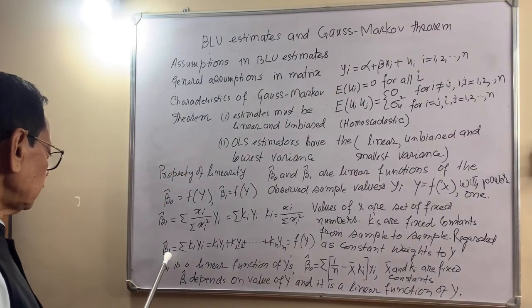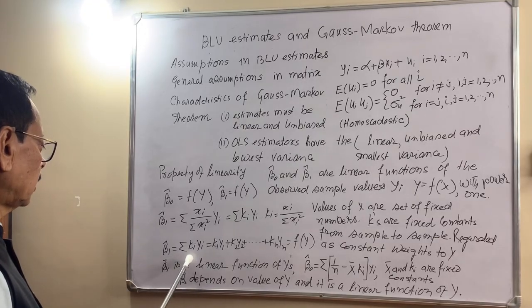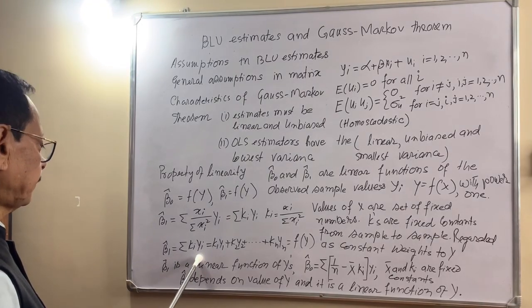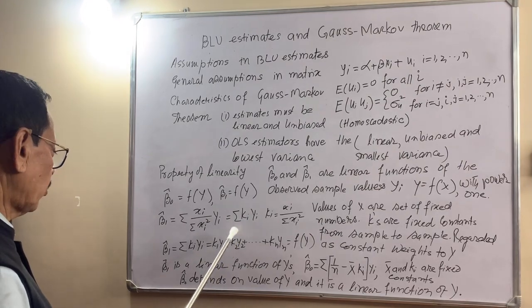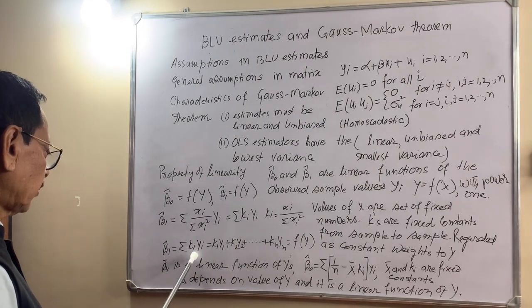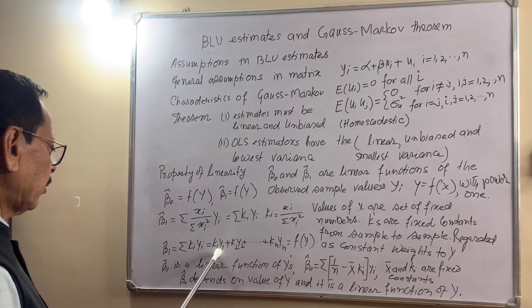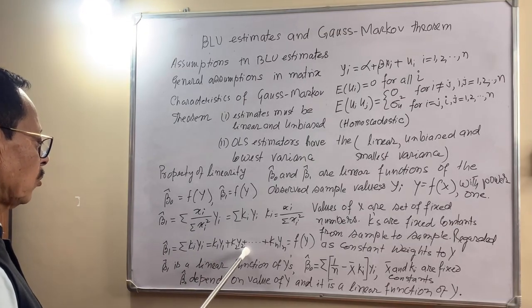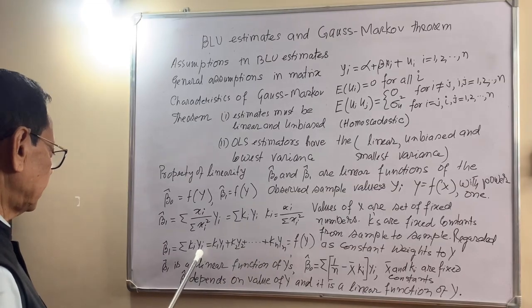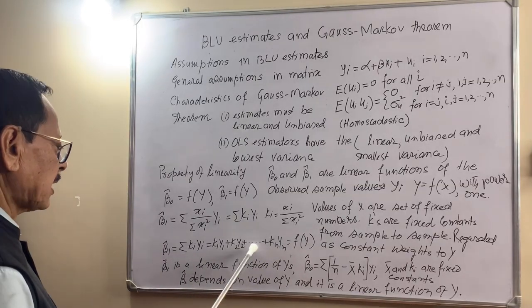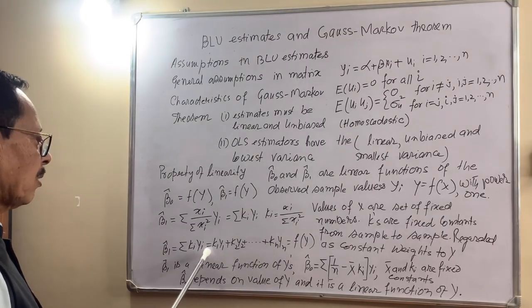Now beta 1 estimated is equal to sum ki yi. What is this? k1 y1 plus k2 y2 plus so on plus kn yn. If we add this, it will be sum ki yi.